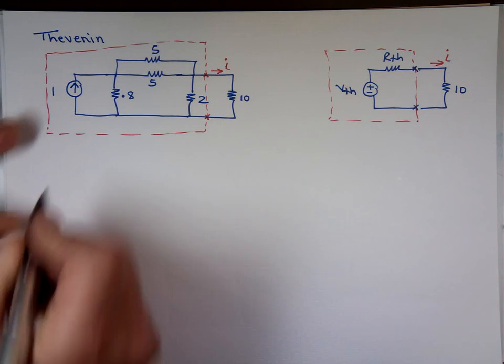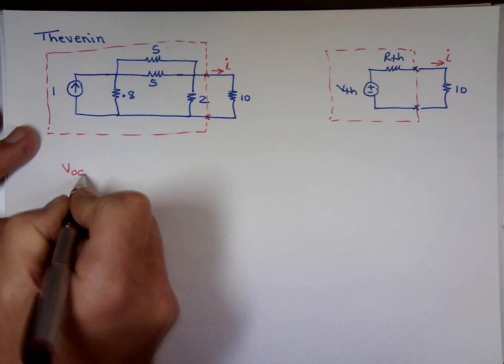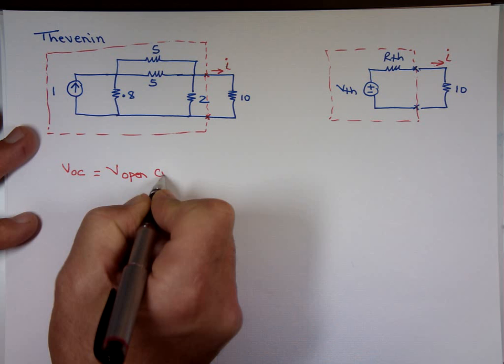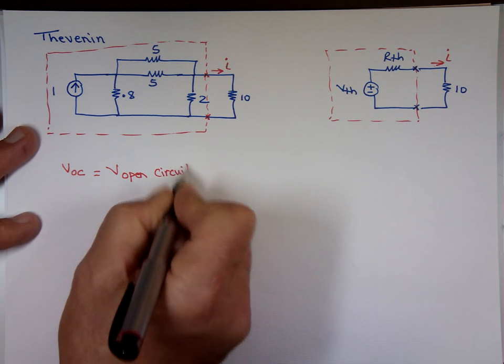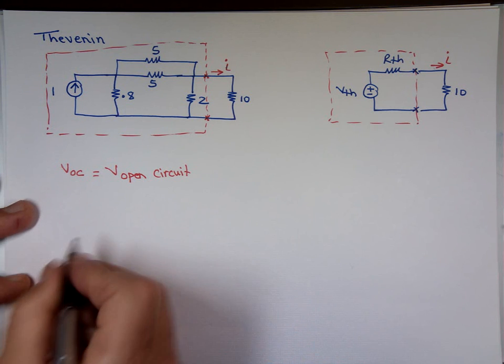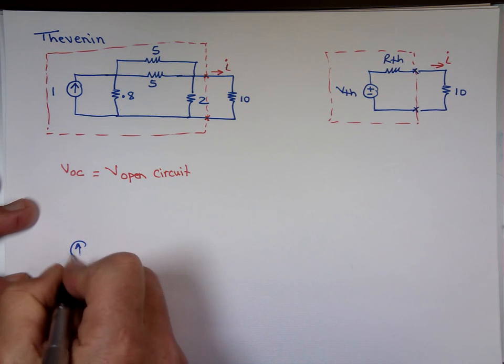So let's find V open circuit. Again, that's known V open circuit. So we chop that circuit, we take that resistor out, and we're looking at this. And you can still use all the stuff that we learned before.